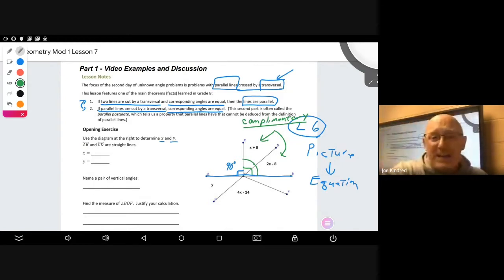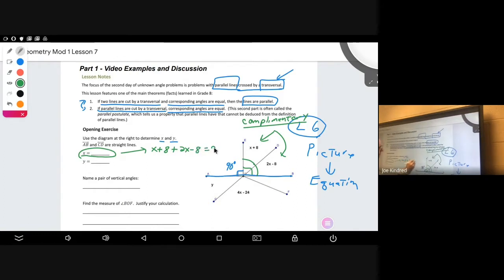This is going to allow us to write an equation. So here in finding x, my first step is, again, picture, equation. Then I notice that there's a positive 8 and a minus 8, and that reduces to 0. I then can add like terms. There's my algebra coming in, divide by 3, and my answer is x is equal to 30.